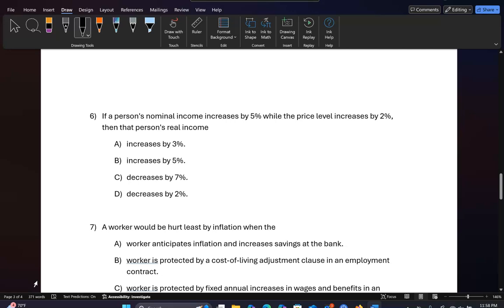Moving over to question 6. Nominal income increases by 5% and the price level increases by 2%. So basically the inflation rate is equal to 2%. And we got to find out the change in the person's real income. The formula is percentage change in real income.